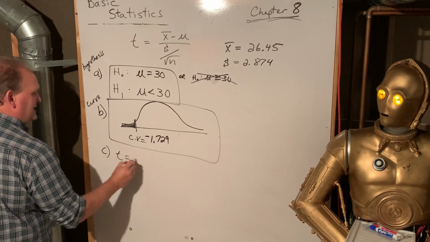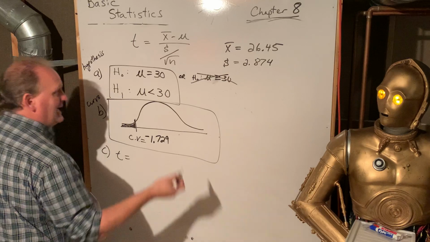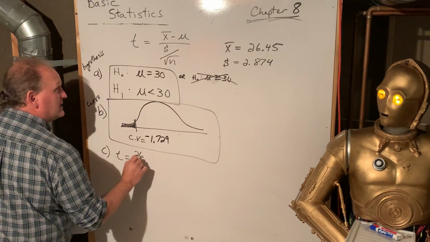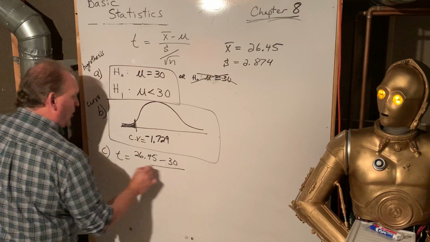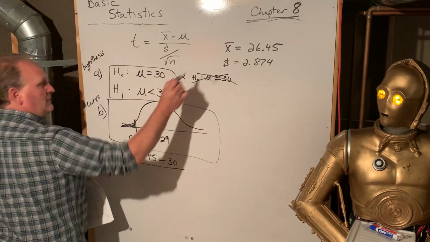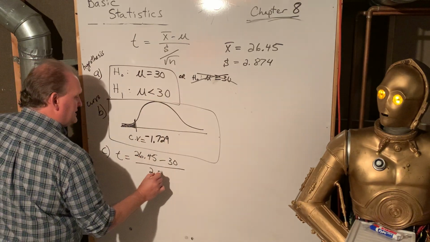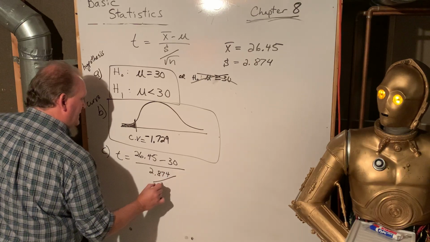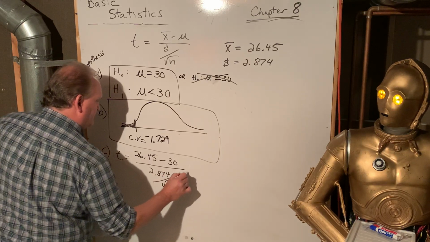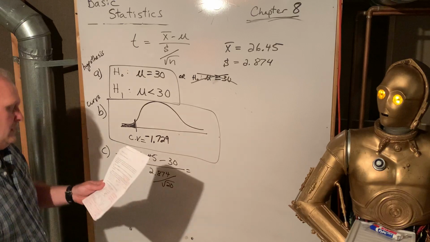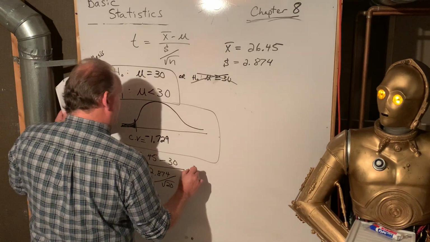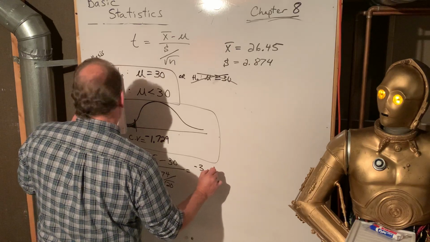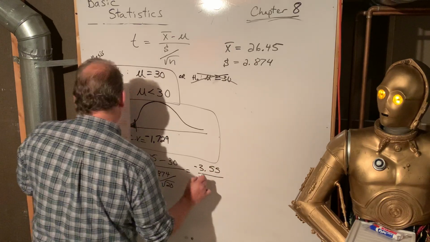So we find our t statistic now. That's 26.45 minus 30 over 2.874 divided by the square root of 20. And so now we got negative 3.55 on the top.